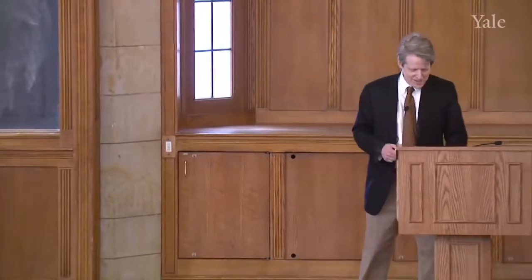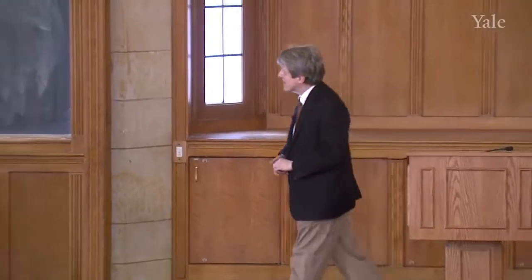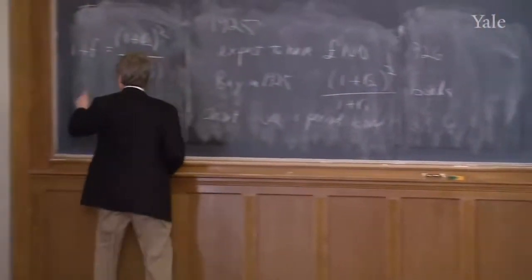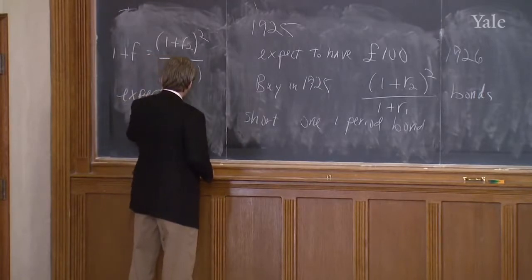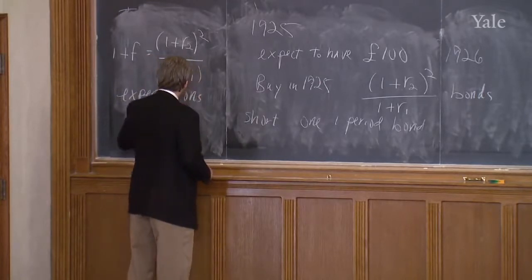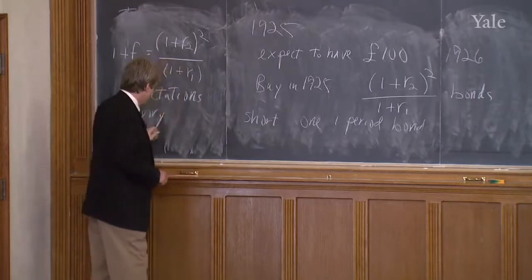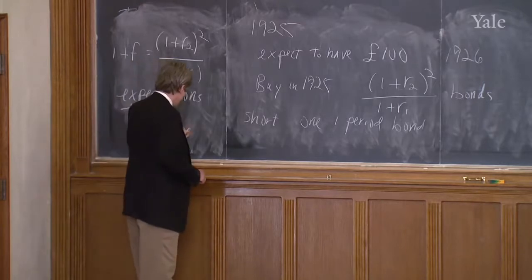I'm not going to show you the general formula. The expectations theory of the term structure, I'll write it down, expectations theory says that the forward rate equals the expected spot rate.